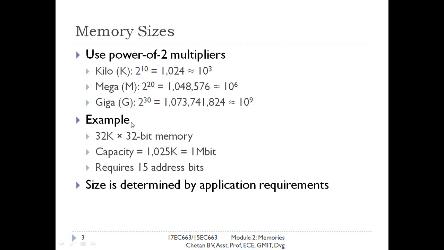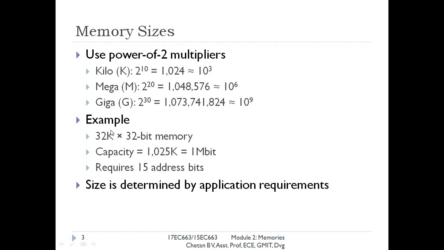For example, 32K into 32-bit memory. If I say 32K into 32-bit memory, 32K is the 2 power n value, and 32-bit is the small m value. 32-bit means each location is capable of storing a 32-bit data. 32K, so K means 2 power 10, so this gives you 2 power n value.